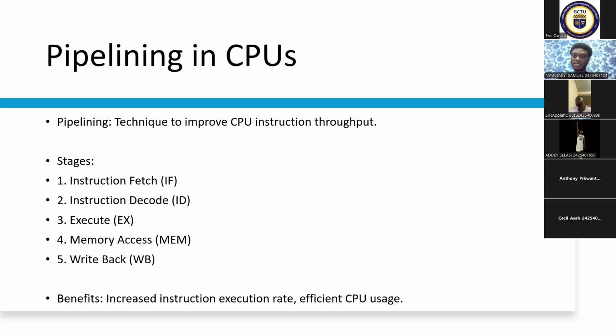Then the memory access: we read or write data from or to the memory. And then write back: we save the result to a register. Let's look at the benefits of pipelining: increased instruction execution rates and efficient CPU usage.